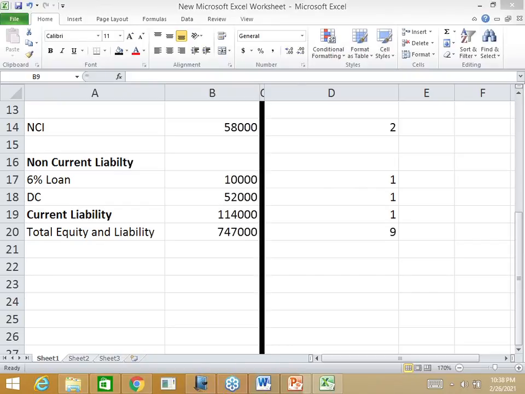The first question that you need to do for practice purposes is, wait for 1 minute, just opening the file. Now, the first question is Dargent that you need to practice.